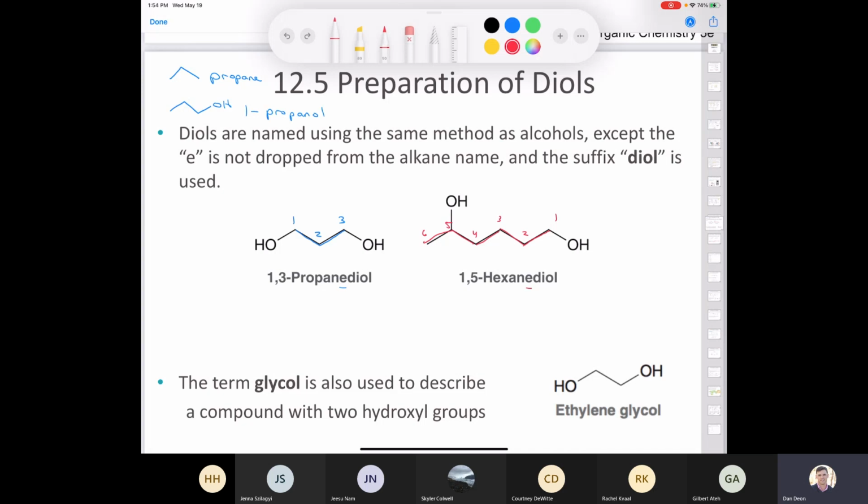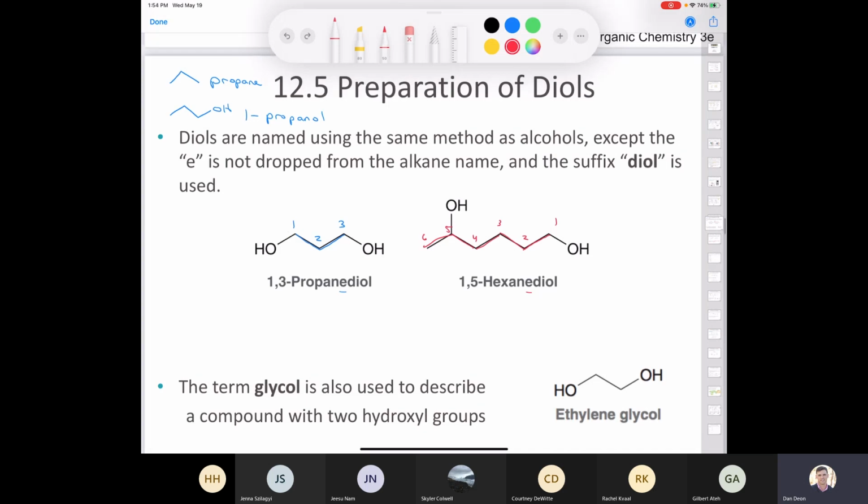Anyhow, I won't go into it any more than that. Although a show that I got into a couple of years ago, and I'm sure that some of you have seen this television show, is called The Forensic Files. They're always talking about GCMS or ninhydrin stain, where they're looking for fingerprints and things. And there's a few episodes of that television show where they mention ethylene glycol, where people have been poisoned by ethylene glycol.